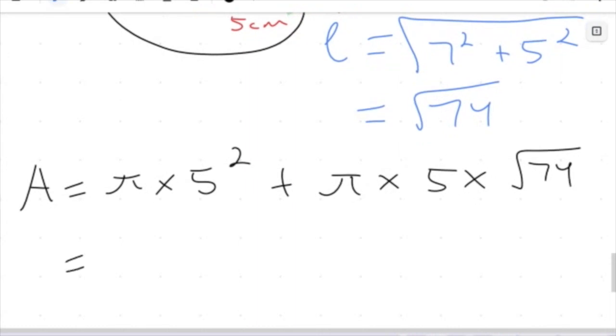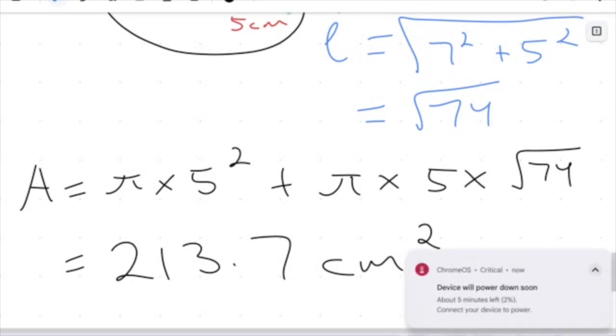And let's just do this to 1 decimal place. So when I plug this into my calculator, I will get 213.7 centimeters squared.